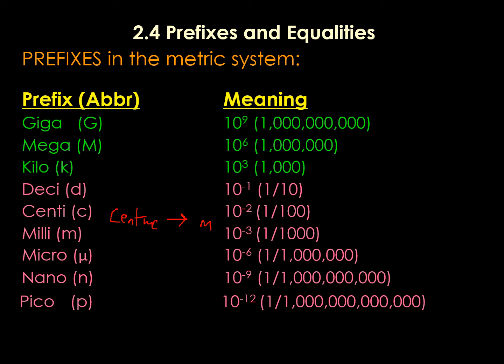We know century means 100, so there are 100 centimeters in a meter. Decade, there are 10 years in a decade, so the conversion is 10 to 1. Milli, 1,000. Micro, a million. So you have to be familiar with this metric system and how to convert from one to the other.